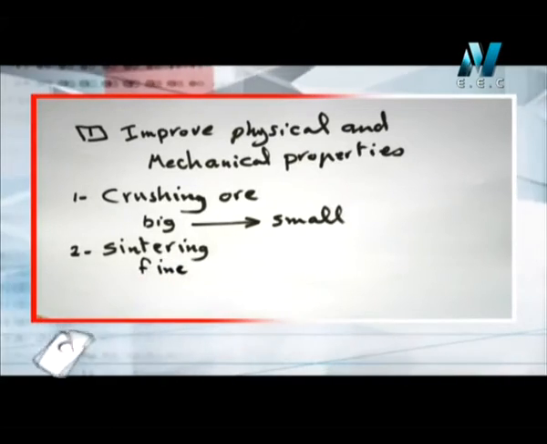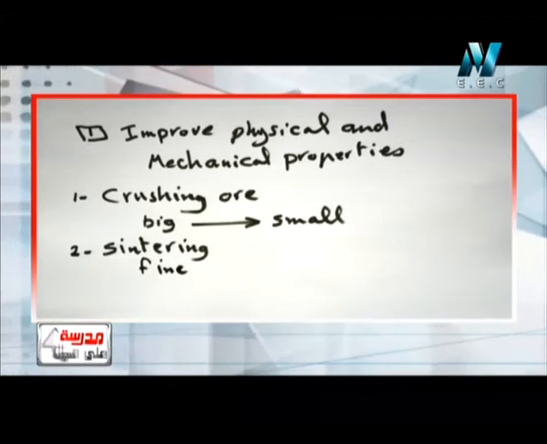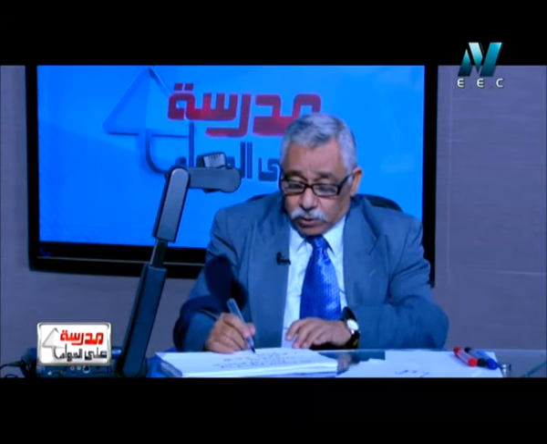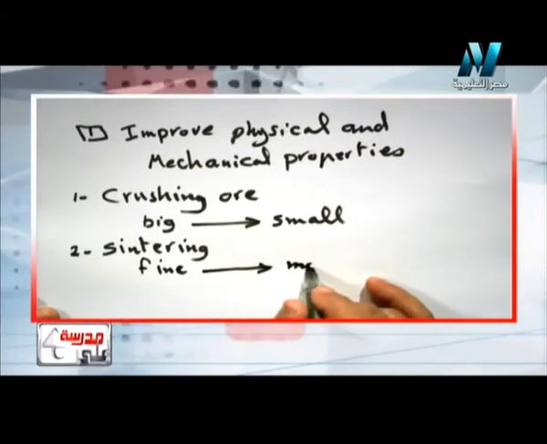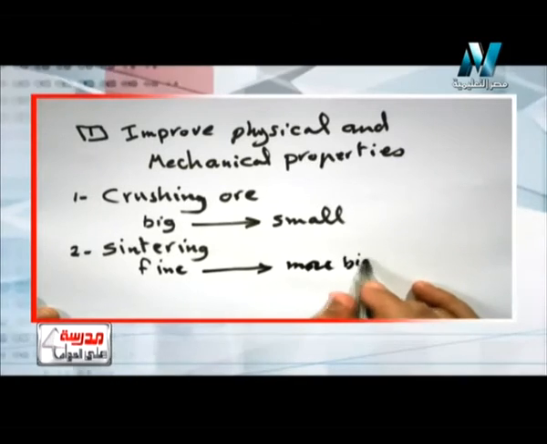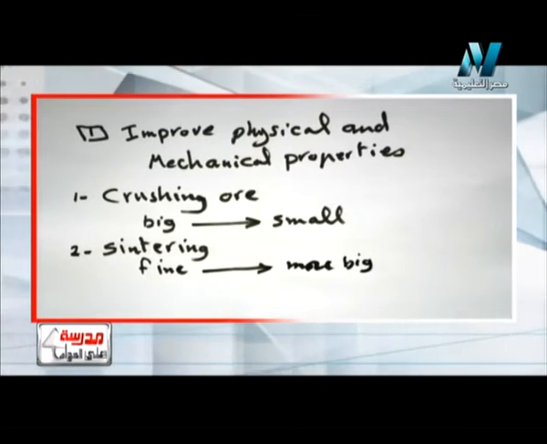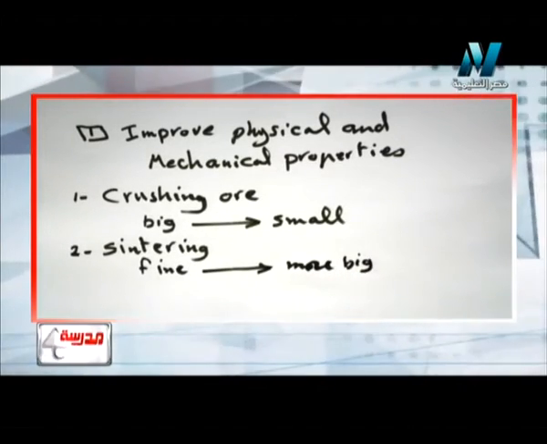This process is called sintering. Sintering means treatment of fine particles, ash from the furnaces, in order to convert it to more big ones, not very big, in the form suitable for furnaces. This process is called sintering.